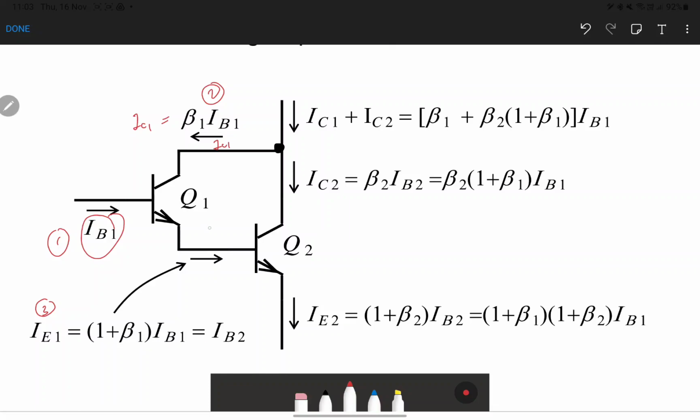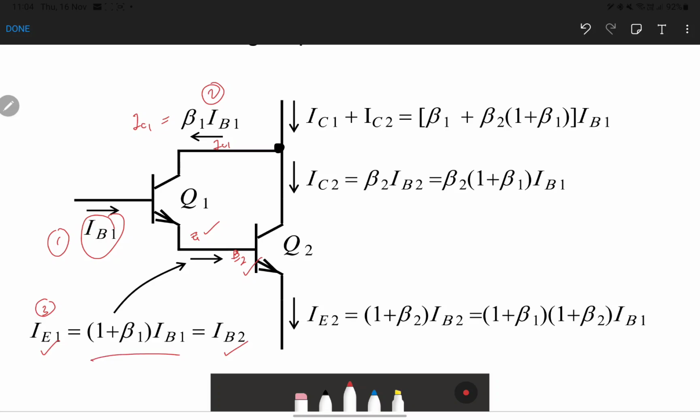At the same time, this leg is shared with the second transistor, from the emitter of transistor 1 connected to the base of transistor 2. So we can say that IE1 equals IB2, and those currents share the same formula.